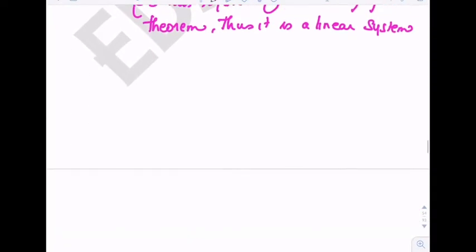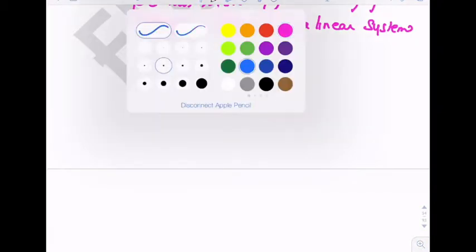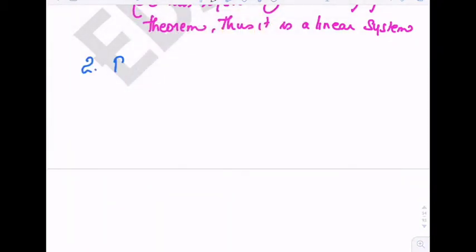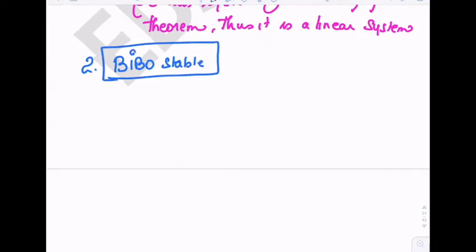Okay, now let's check the stability. So we check BIBO stability. What is the meaning of BIBO? I've already explained it in the previous section of the lecture series, so I will not explain it again. Now for checking BIBO stability, we apply an input, that is u[n], which is a bounded input.